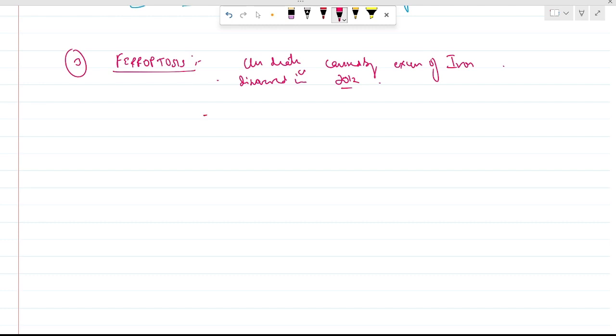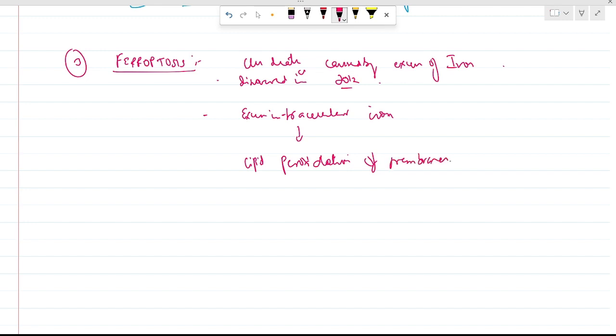So there is excess intracellular iron, which leads to, remember, lipid peroxidation of membranes.